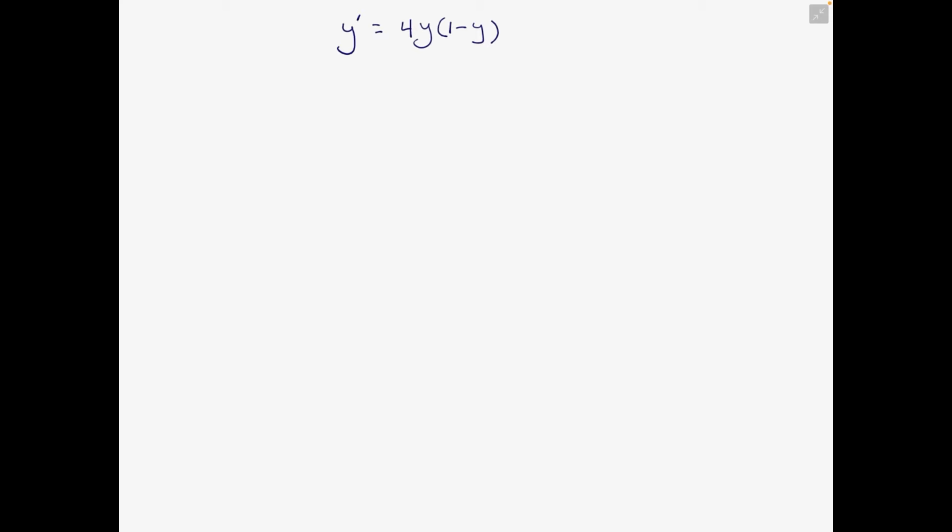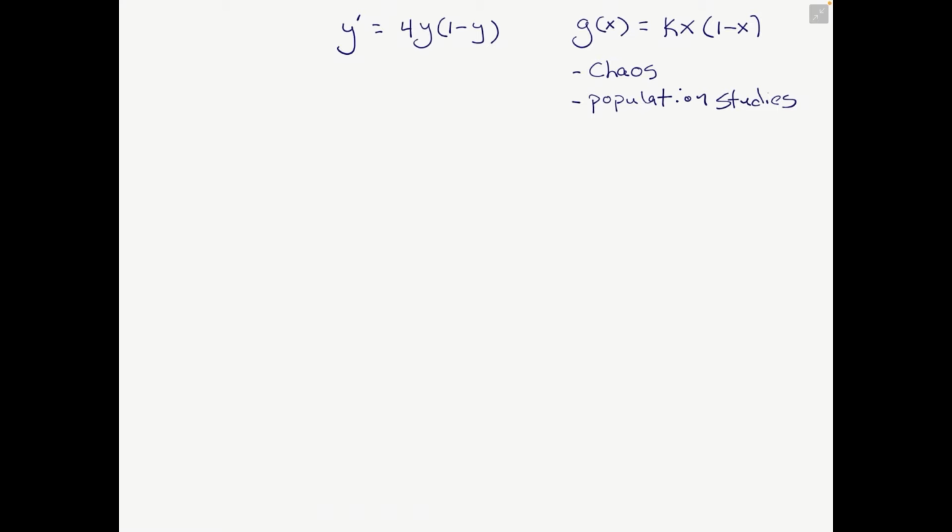This is in the form of what they call the logistic equation, something of this nature, kx times 1 minus x. It's a nonlinear equation. It was one of the first to be studied in chaos theory, and it's used in population studies, among other things.